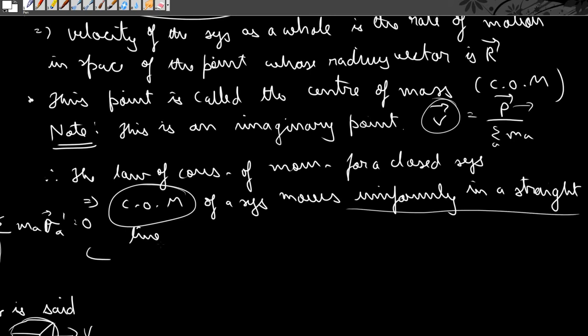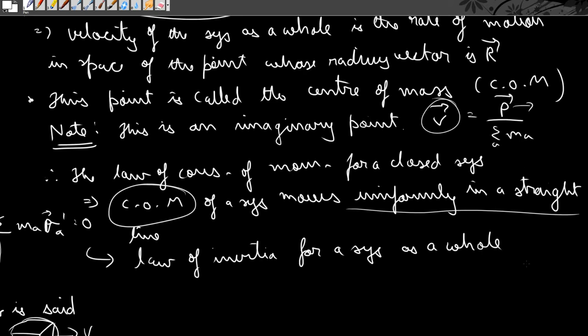Okay, this is nothing but we can define this as the law of inertia for a system as a whole. For one particle we had that the particle's velocity should be constant, whereas here for a system the law of inertia says that the velocity of the center of mass should be constant.